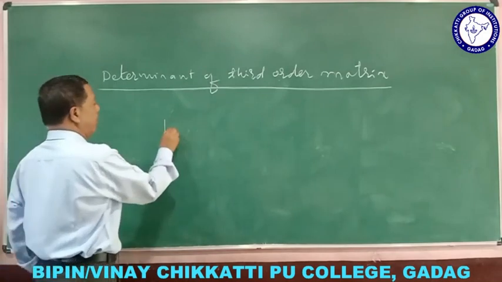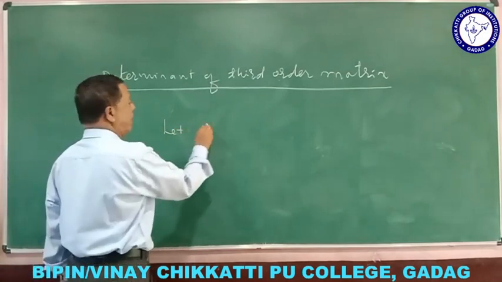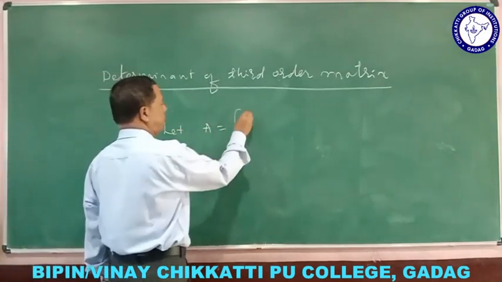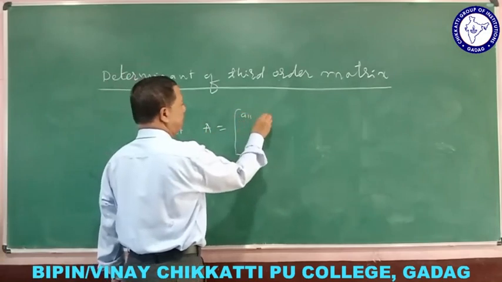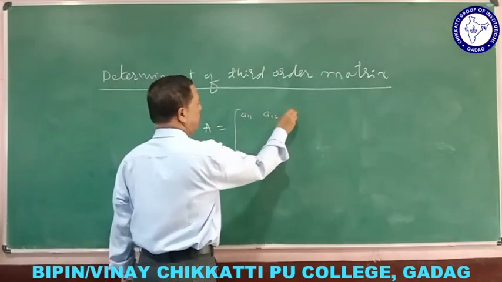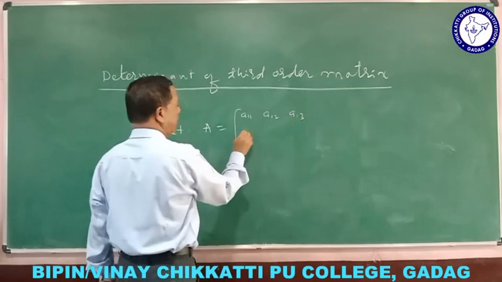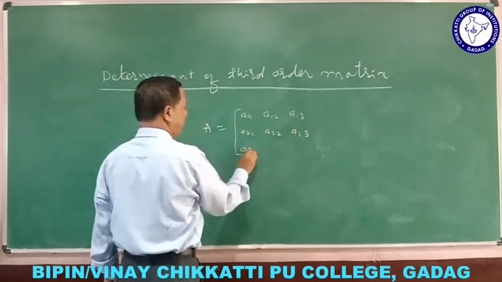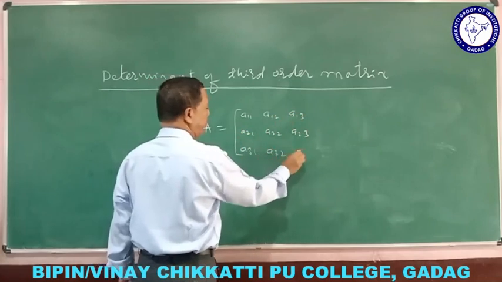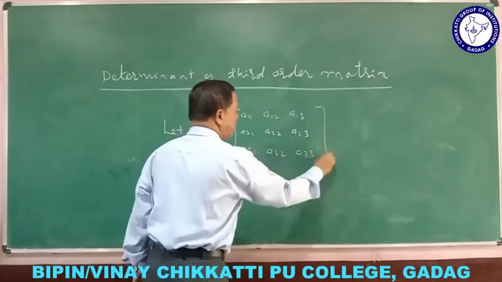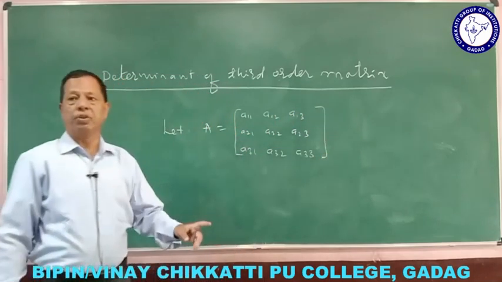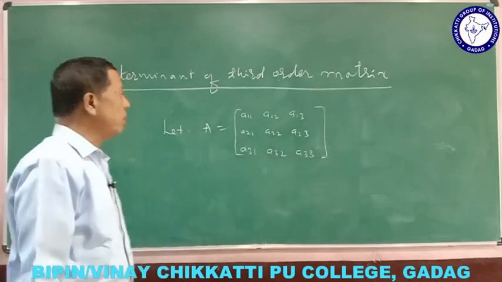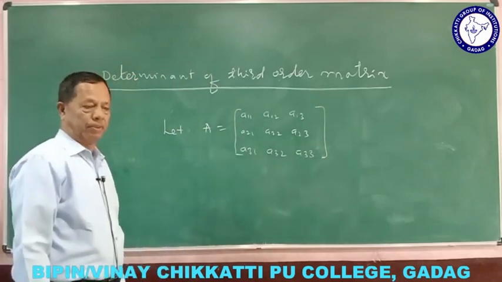Look at this. Let A is equal to, for example, A11, A12, A13. Next, A21, A22, A23, A31, A32, A33. So why is it third order? Because 3 rows, 3 columns. What is the order of this matrix? 3 by 3.